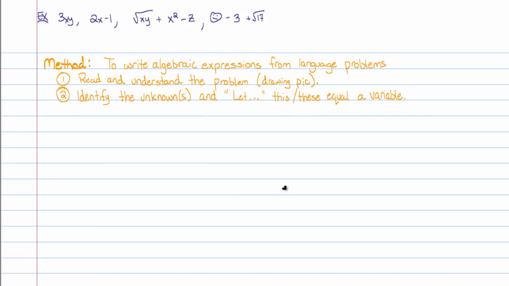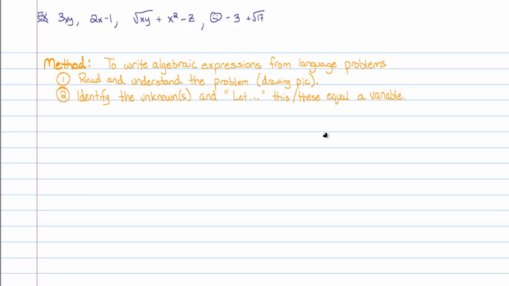The second thing that we need to do is identify the unknowns, what they're asking us to find. How fast is the car going? Or how long did you sit at your aunt's house? And a really important thing to do here is to write the word let and then t. So let t equal the amount of time I spent at my aunt's house.